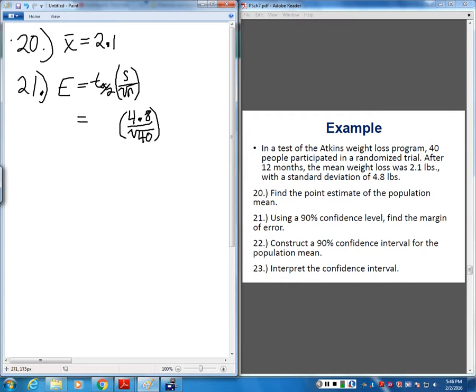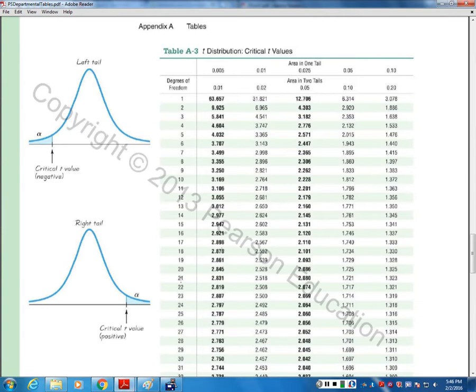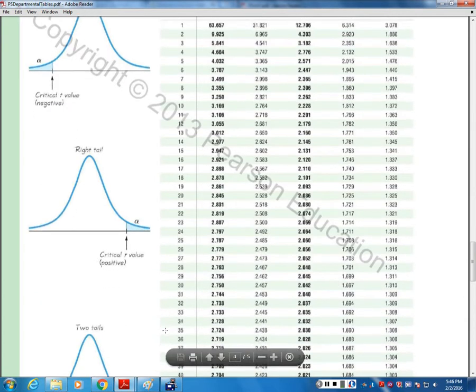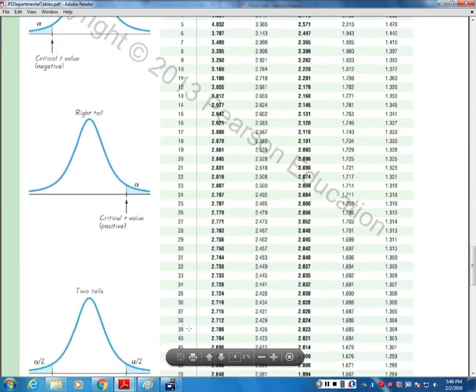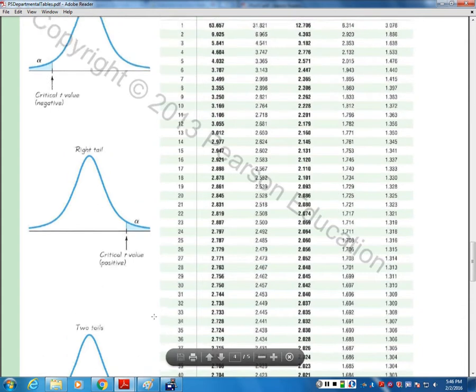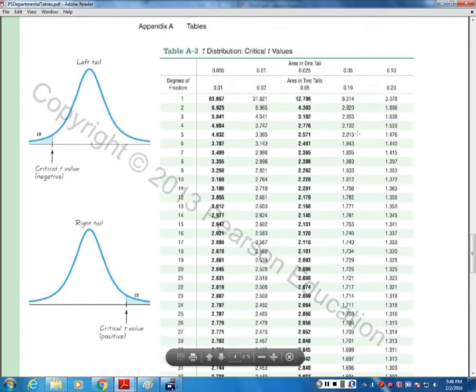All that's left is T sub alpha over 2. Well, as mentioned in a previous video, I can go to my t-distribution critical t-values table. My degrees of freedom is n minus 1, so in this case that would be 39. And I'm making a 90% confidence interval. So the area in both tails combined would be the remaining 10%, or 0.10.